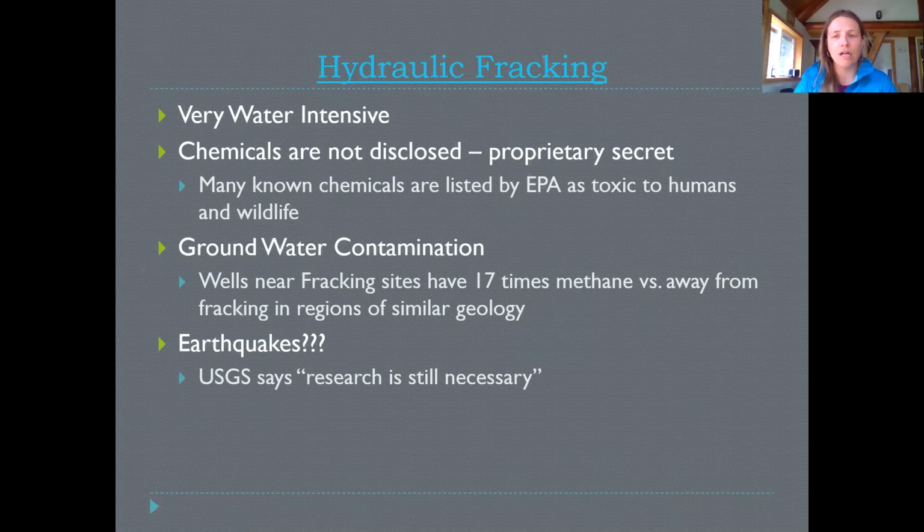Another major concern that some folks have is that the chemicals used along with the water pressure to break apart rocks and lubricate them so that the natural gas can flow more easily are a proprietary secret that's owned by companies. So for the most part, they don't need to disclose them.